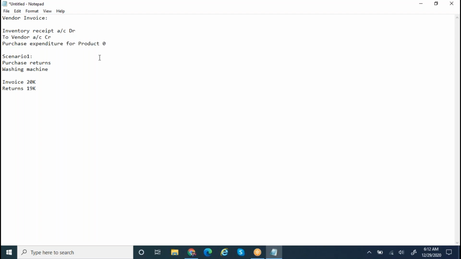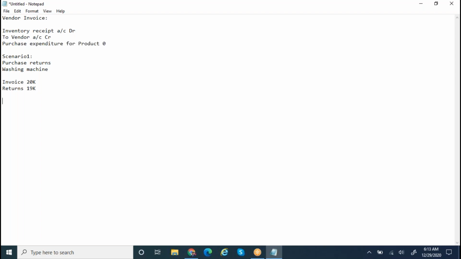It will be reflected in your inventory. Usually, while doing returns, we use the same value as in the original invoice. That is the best practice. If there are any changes in the value of the material, then this comes into the picture. This is a very rare scenario, but it may happen.